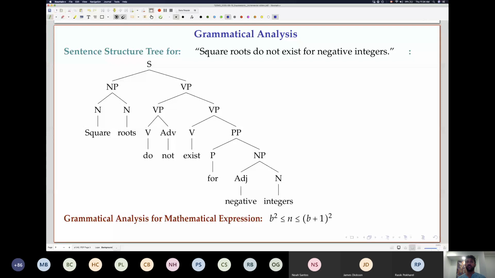This is a sentence, and it starts off with a noun phrase, which consists of a noun, that is the square, and another noun, that's the word root. Then a verb phrase consisting of two verbal clauses: do not, followed by exist.